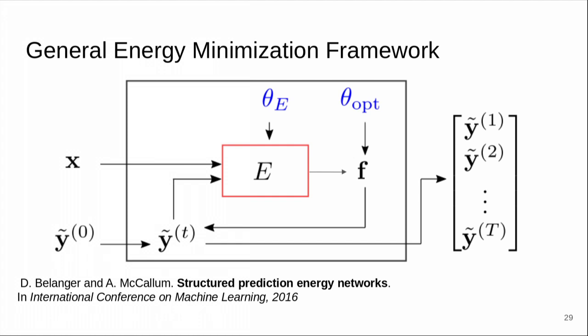Then we take each one of those, compare it to our label, and get a loss. We use that to tweak the parameters of our energy, and we can also tweak the parameters of our optimizer. Things like learning rate or momentum of the inner optimizer can be optimized. So we're not just optimizing the surface, we're optimizing the surface in conjunction with the optimizer. And that hopefully will get rid of these hideous surfaces, because we're learning surfaces that are good to optimize.